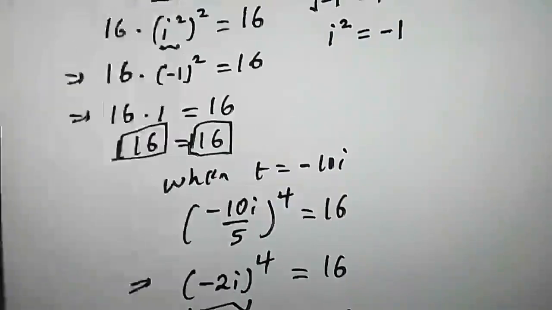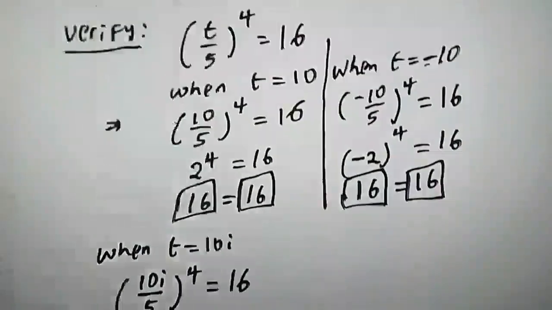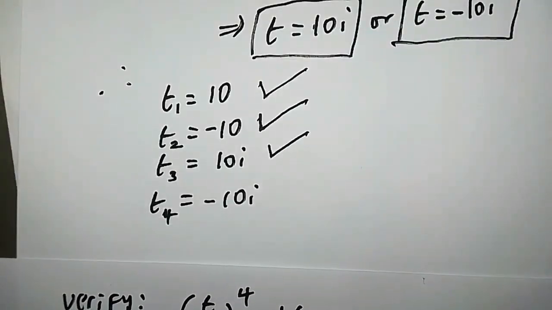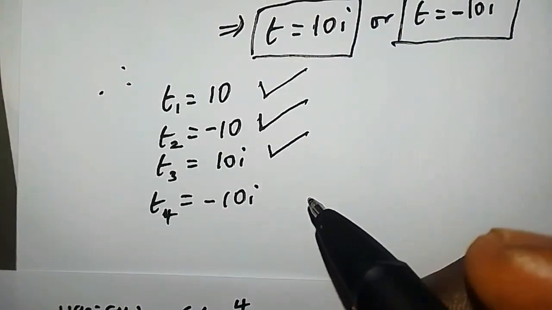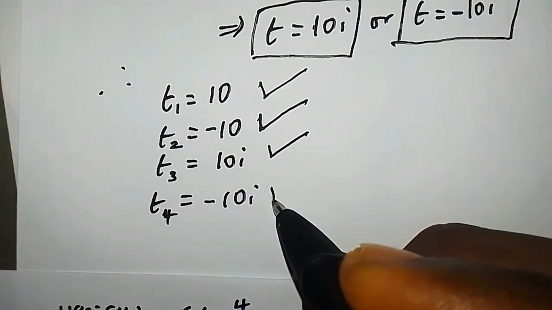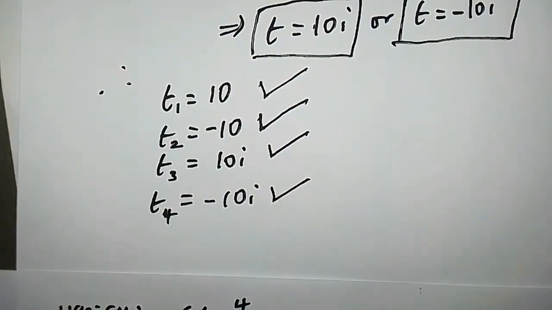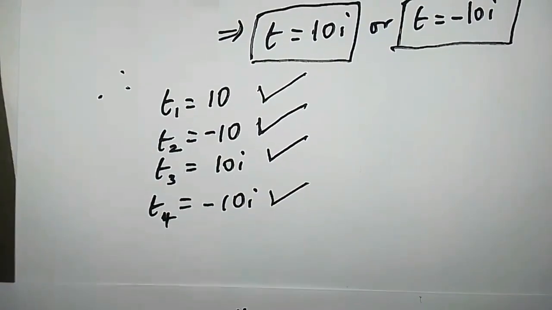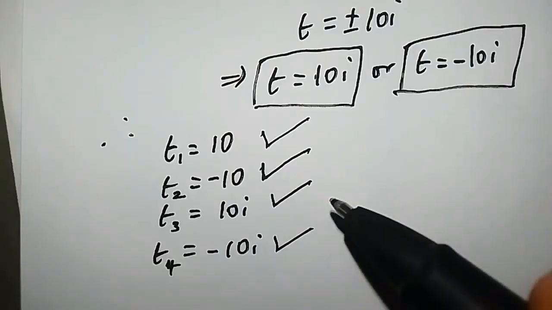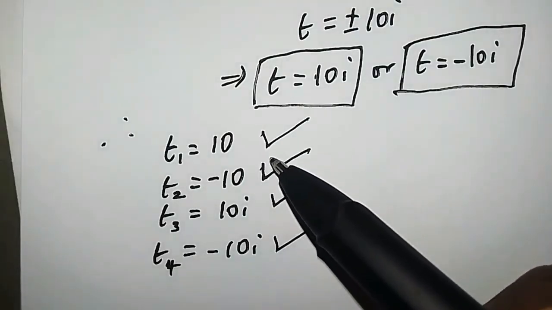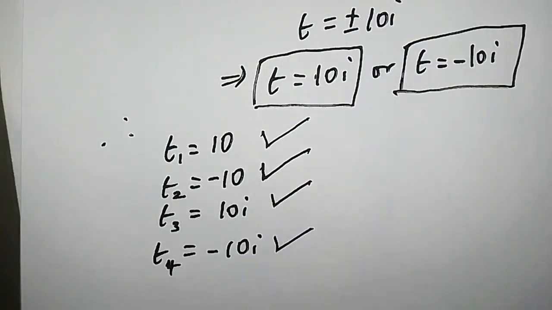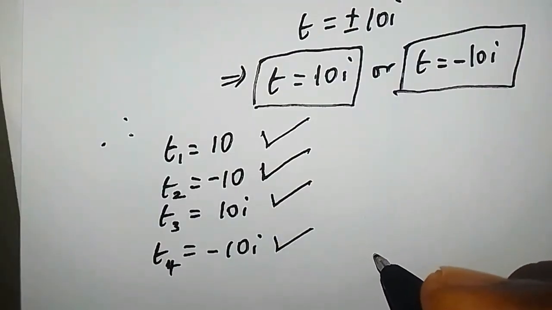That indicates that the fourth answer that we got here, t equals to minus 10i, is indeed correct also. You will notice that we have 4 distinct solutions, 2 real solutions and 2 complex solutions for this tricky algebra problem. That's it.